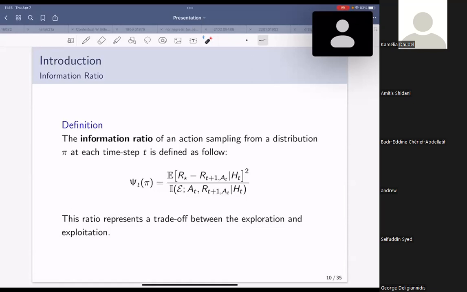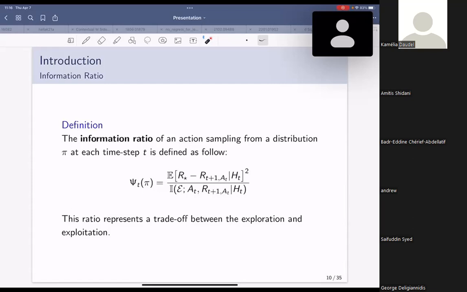Or it's very small when the mutual information is very high, which means that by playing this action, we are gaining a lot of information about the environment. So we are exploring a lot about the environment. So a good policy could be a policy that minimizes the information ratio at each step. This is actually called the information directed sampling algorithm, which gives us an optimal policy.